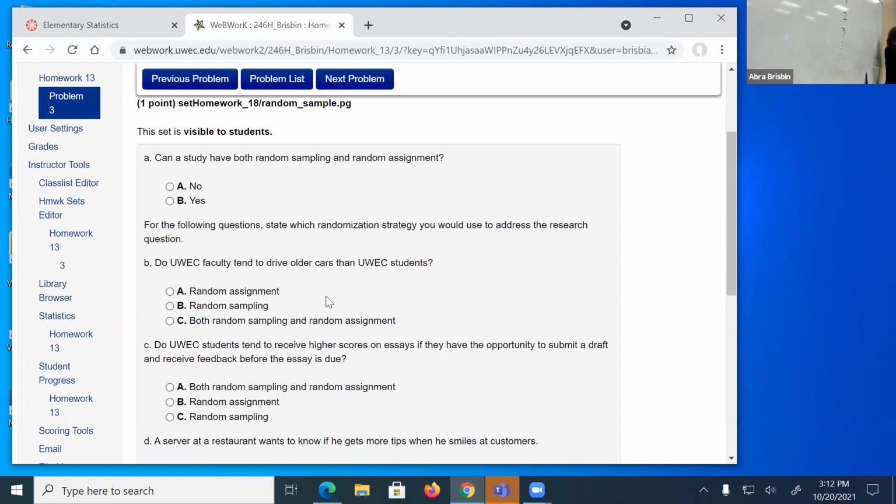And what data do we need to gather from each person in order to answer this question of whether faculty drive older cars than students? If they drive, or like how old is their car? Age of the car. So like 2 years, 5 years, 8 years, like that.